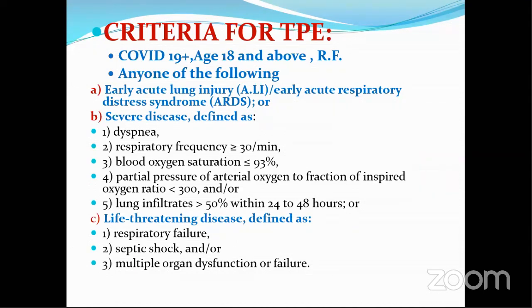Of course, he will be dyspneic, with respiratory rate more than 30 per minute, blood oxygen saturation 93%, PaO2/FiO2 ratio less than 300, and with lung infiltrates, and with life-threatening disease like respiratory failure or septic shock with multi-organ failure. This is the criteria by which we check if the patient is a candidate for therapeutic plasma exchange or not.